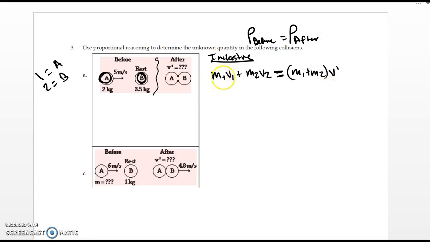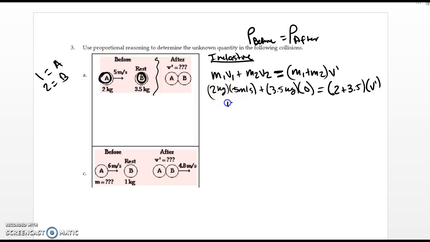In this case, we have the mass of 1, which is 2 kilograms, times its velocity, which is 5 meters per second, plus the mass of ball B, which is 3.5 kilograms, times its velocity, which is 0, is going to equal the mass of ball A plus ball B, so 2 plus 3.5. These two are in kilograms, and I didn't write that, so I should have. Then I'm just solving for V prime.